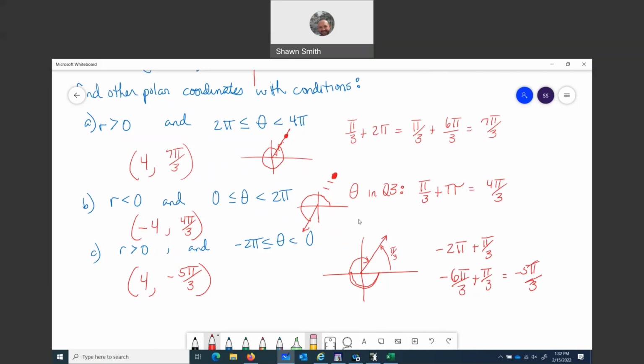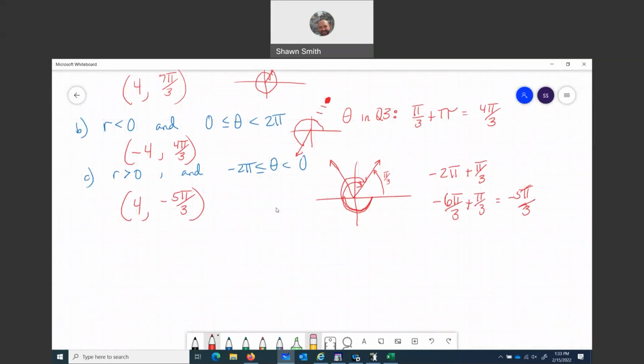That's negative 3 pi over 3, another pi over 3, negative 4 pi over 3, another pi over 3, negative 5 pi over 3. All right, so that's how you do those. And again, R is 4, so we're still on that terminal side right there.